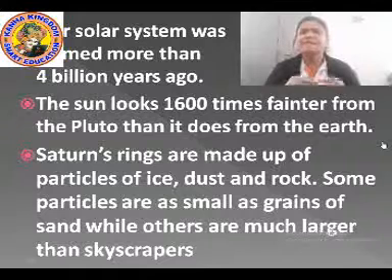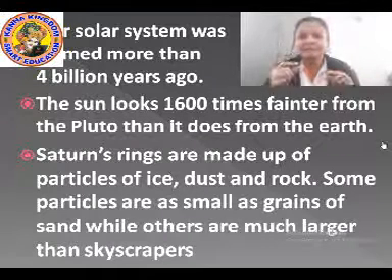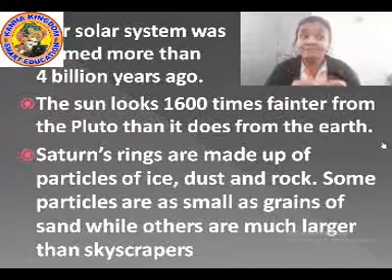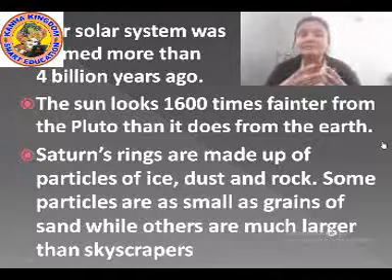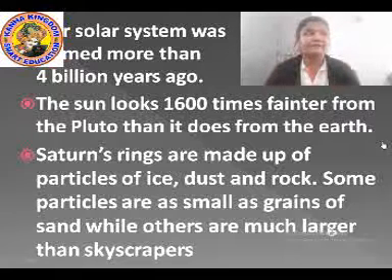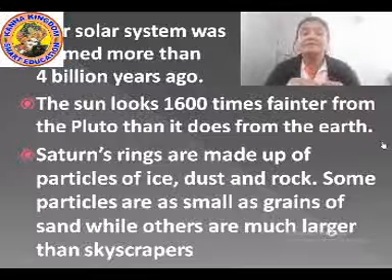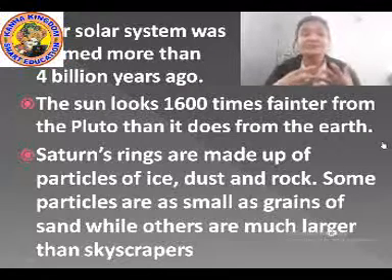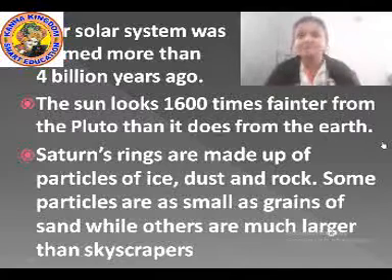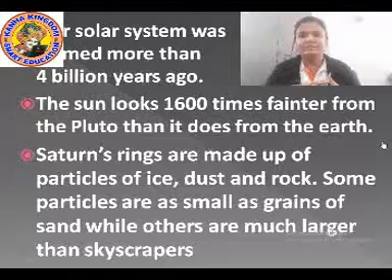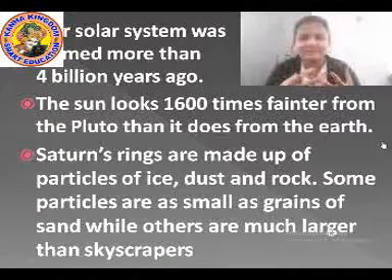Some particles are as small as a grain of sand. You must have seen sand. Some particles of Saturn's ring are as small as grains of sand. And other particles are larger than skyscrapers. What are skyscrapers? Skyscrapers are the tall buildings which you can see in big cities.